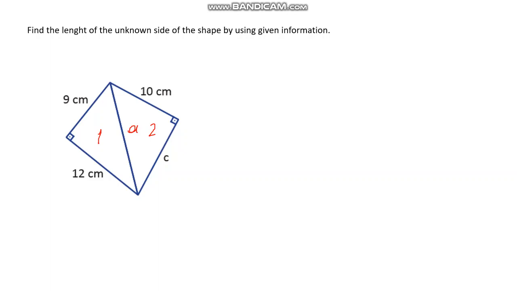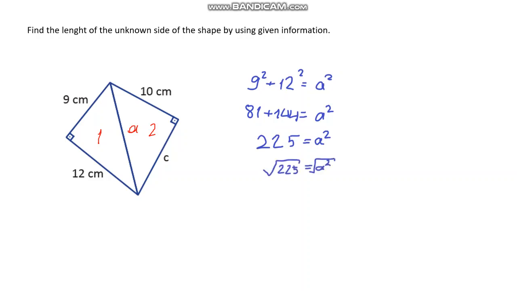According to the Pythagorean theorem, 9 squared plus 12 squared is equal to A squared. 81 plus 144 is equal to A squared. And 225 is equal to A squared. If I take the square root of both sides, A should be 15. Now I know the length of this side. It's 15. Let's continue with the second triangle.